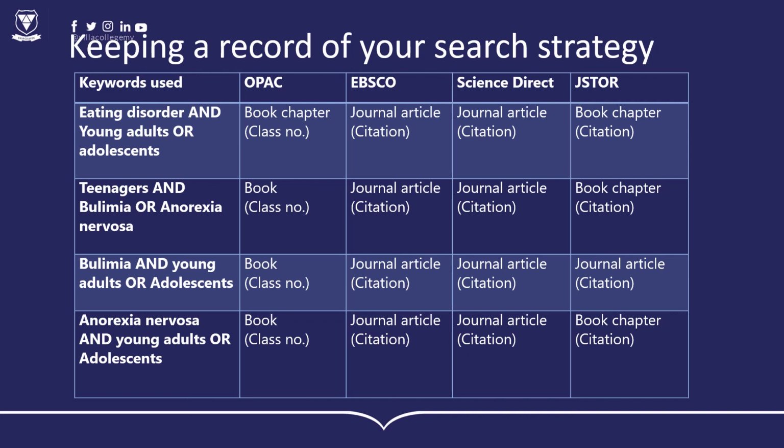This will save you time by not repeating the same keywords for the materials you need. It will also be easy to track down which materials you have already found and the resources used. Make sure you note down the class number of the materials found in the physical collection and save the citation of the online materials from the database.